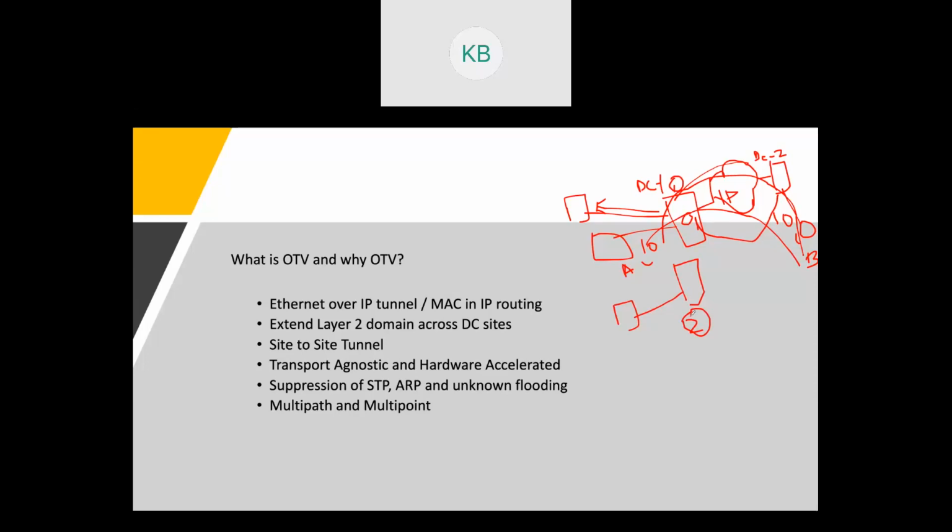Odd VLANs can go to one edge device, and the even VLANs can go to the other edge device. So basically, this is a load-balanced way between the two edge devices for the different sets of VLANs. If OTV edge device 1 is active for VLAN 11, then the other OTV edge device will be inactive for that.